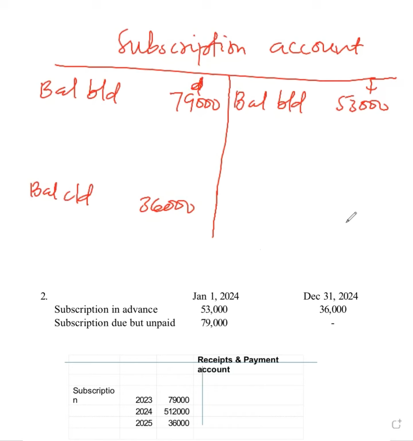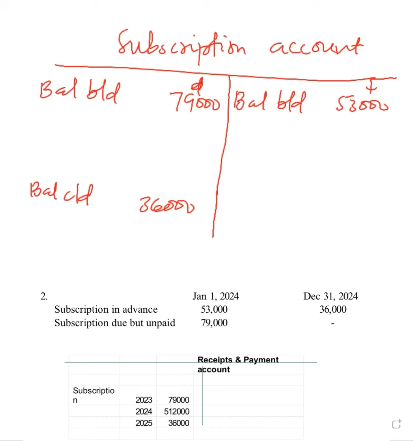So when you look at this question, you can see that they've written subscription 2023, 79,000, 2024, 512,000, 2025, 36,000. Yes, they've shown that this amount is for 2023, but all these amounts were received in 2024.